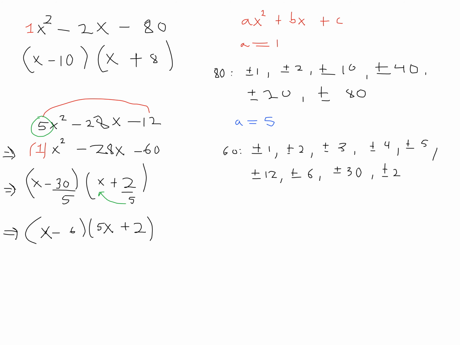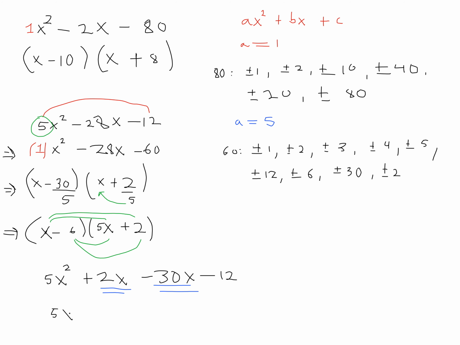Now we can check if the answer is right. We can FOIL these two binomials. X times 5x gives you 5x squared. X times 2 gives you positive 2x. Negative 6 times 5x gives you minus 30x. Negative 6 times 2 gives you negative 12. Now we combine like terms. Since these two terms are alike, I can combine them.